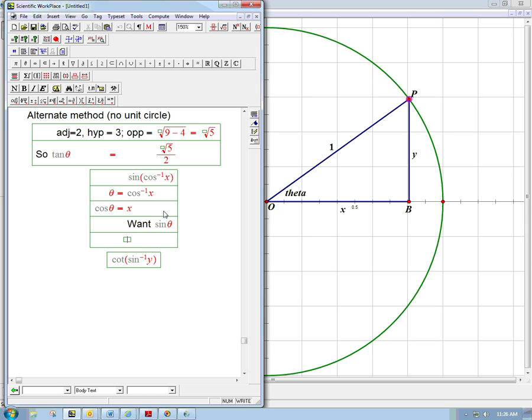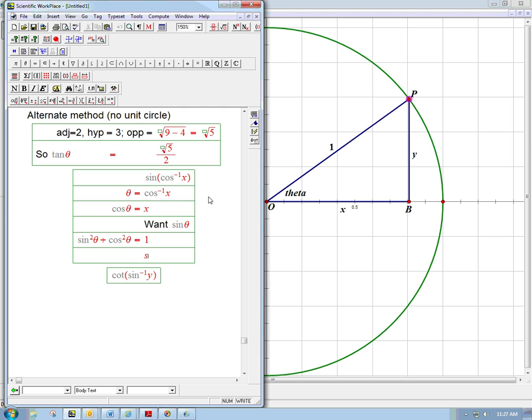Okay, let's write down Pythagoras. Again, I'll come back to the unit circle to be in the most simple, basic case. Sine squared theta plus cosine squared theta equals 1. And guess what? We know cosine squared theta. Remember, the assumption is x is something that we think of as a known quantity, and we want this in terms of x.